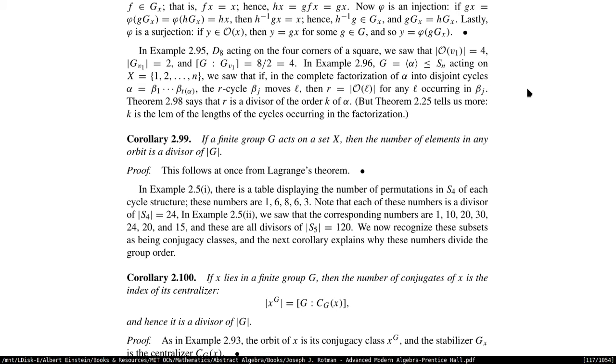What if we take the normalizer of the center?